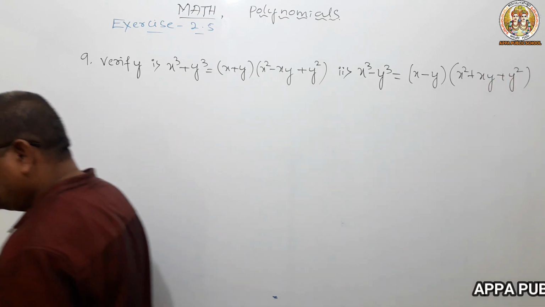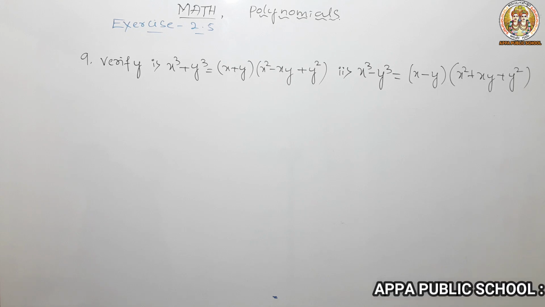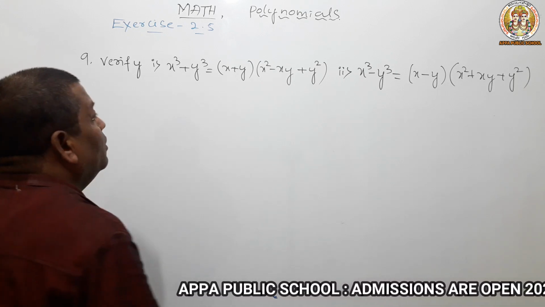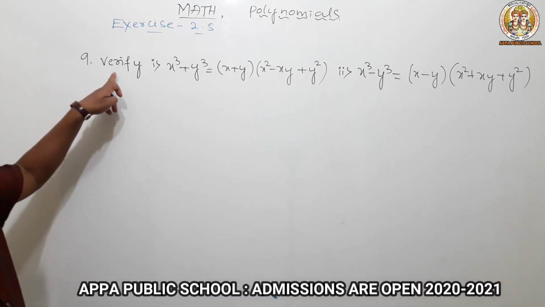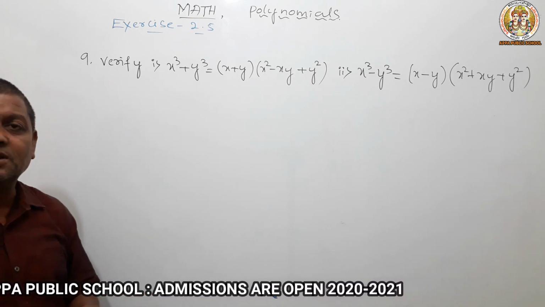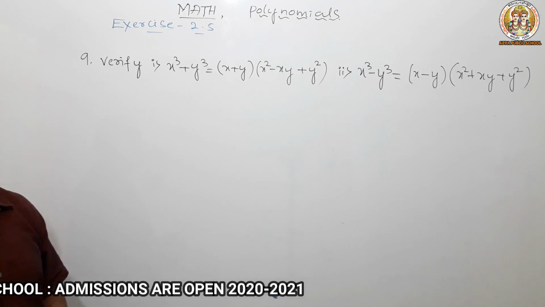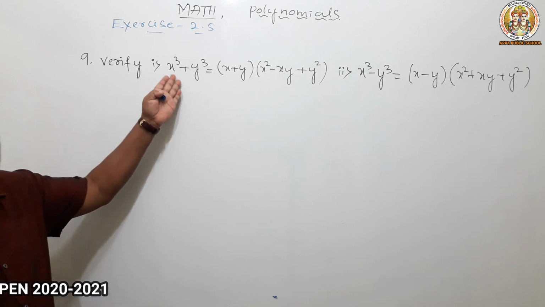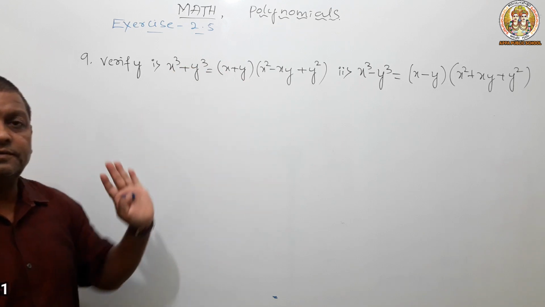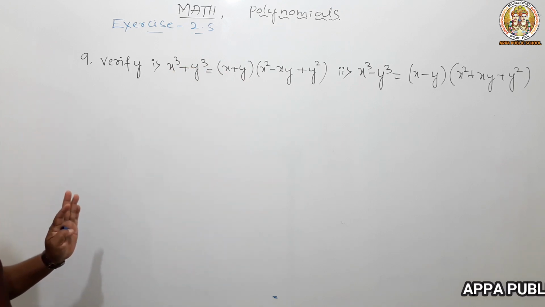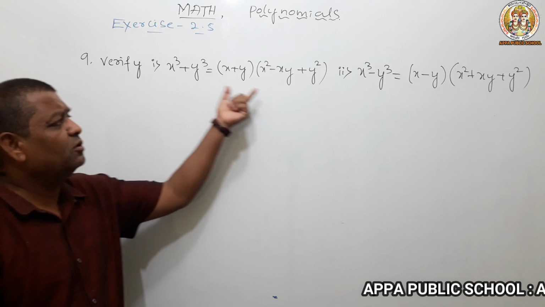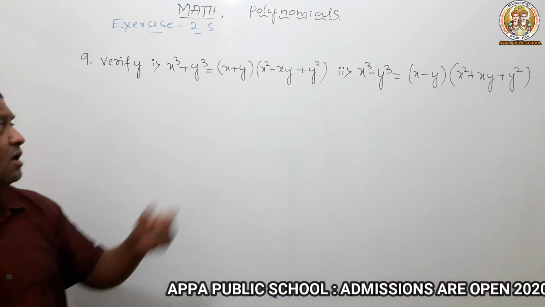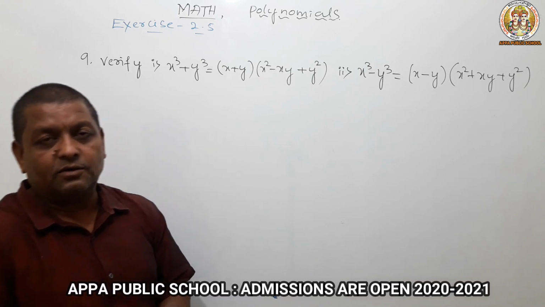Right. So what is the question? Verify. Verify means check, justify. Verify means we need to show LHS is equal to RHS. When it is time to show LHS equals RHS, you can go with LHS and bring RHS, or go with RHS and come back to LHS.